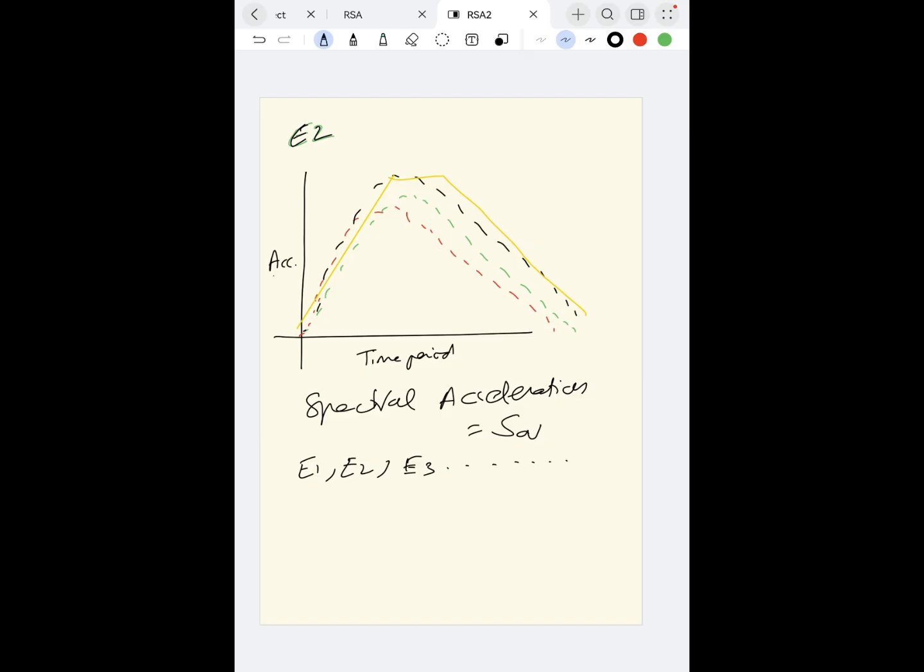So how to obtain the response spectrum curves? If we know the location and the soil type, we can use design codes such as ASCE 7 to obtain the response spectrum curves.